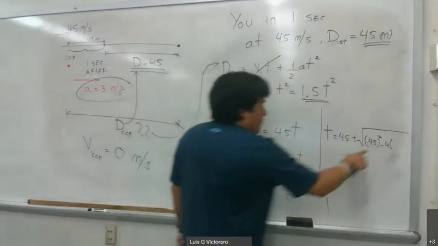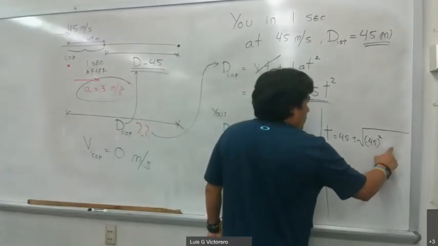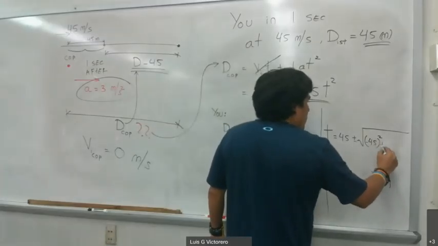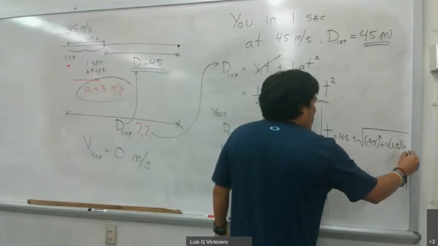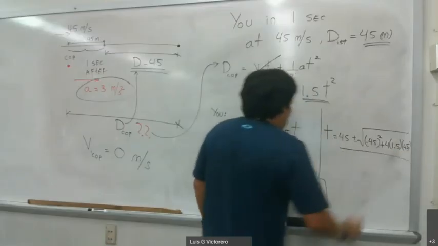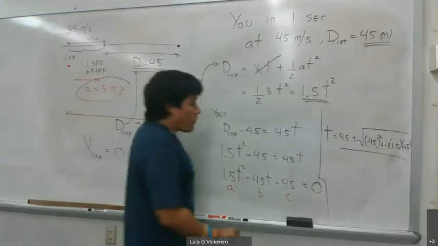Because negative 45 will become positive. Over 2 times 1.5.